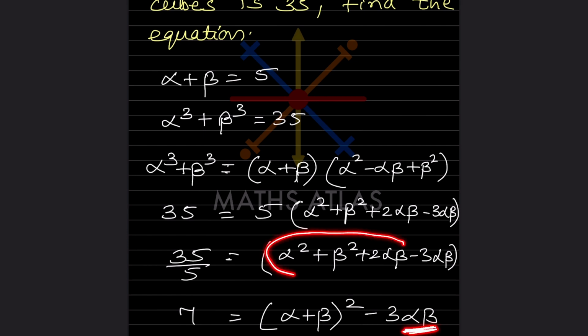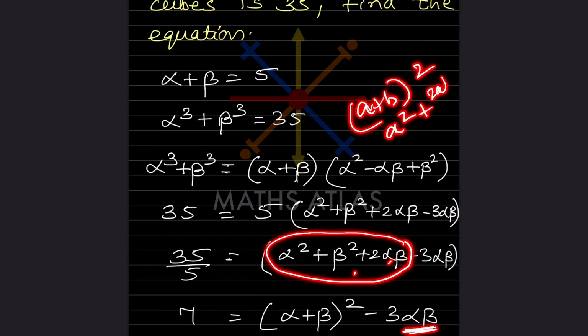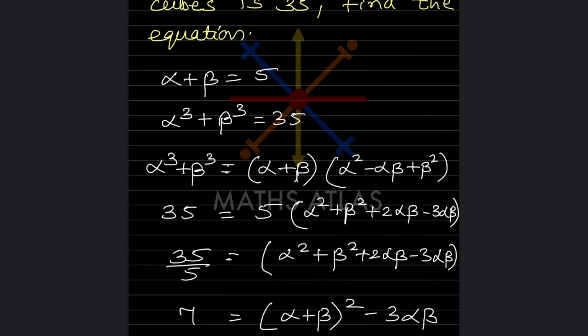For this one, you know that a plus b whole bracket square means a square plus twice ab plus b square, or we can also write that as a square plus b square plus 2ab. Here there is a and b, but in this problem we have considered alpha and beta. So wherever you see a, you put alpha, and wherever you have b, you put beta. So you got the formula for this one.